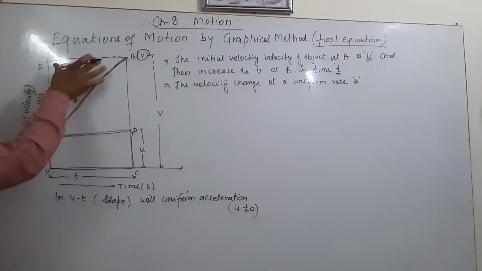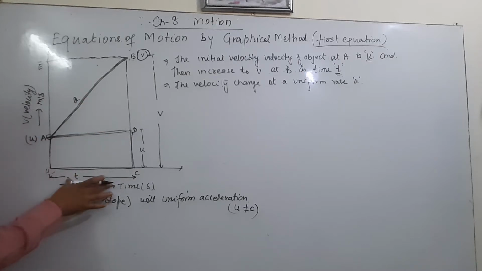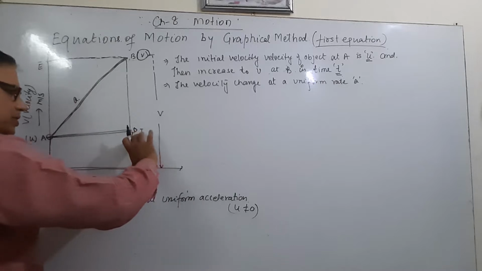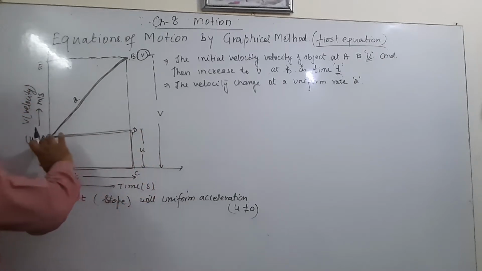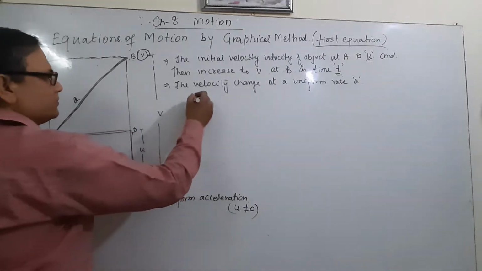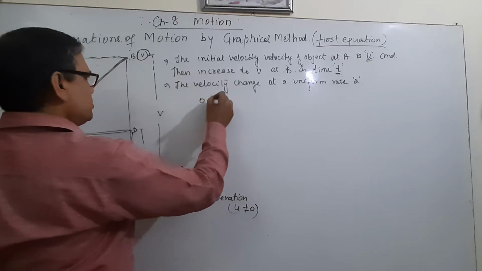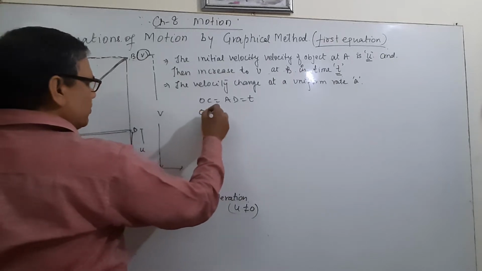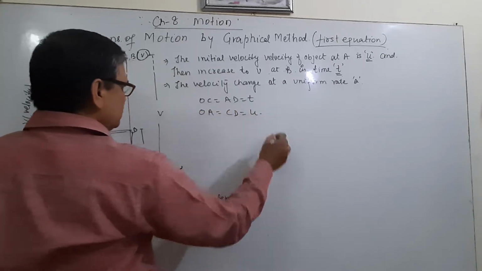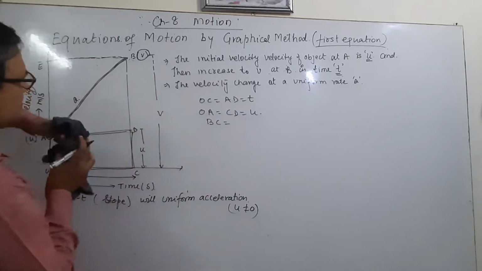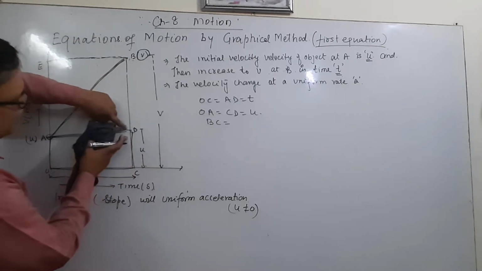It means BE is parallel to AD, which is parallel to OC. Similarly, OA is parallel to DC. If OA is equal to u, then DC is also equal to u. Then OC is equal to AD is equal to t, and OA is equal to CD is equal to u, and BC is equal to BD plus CD.